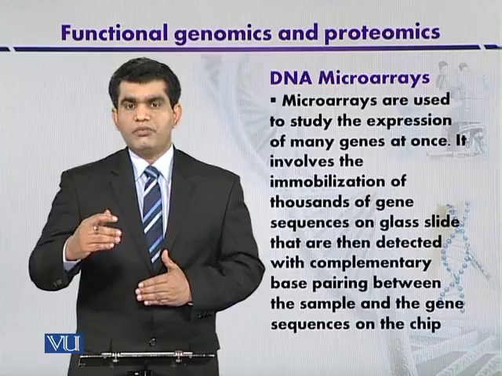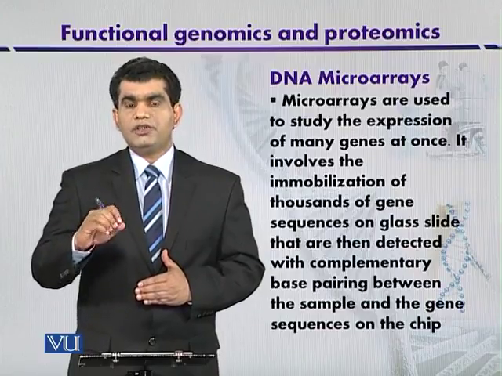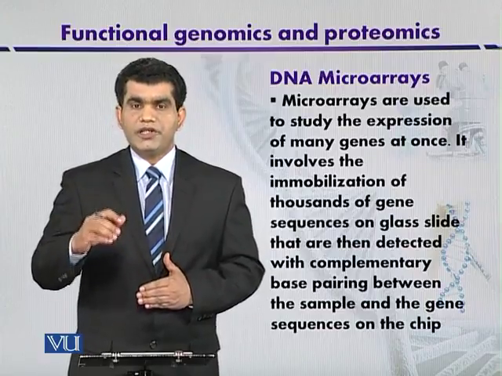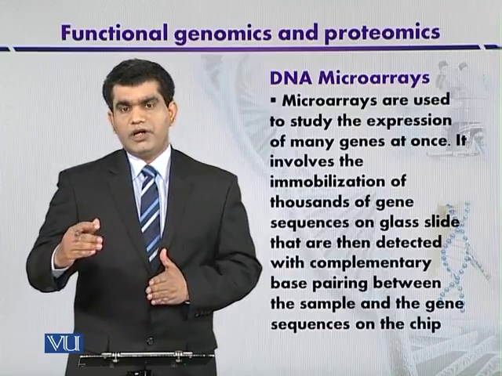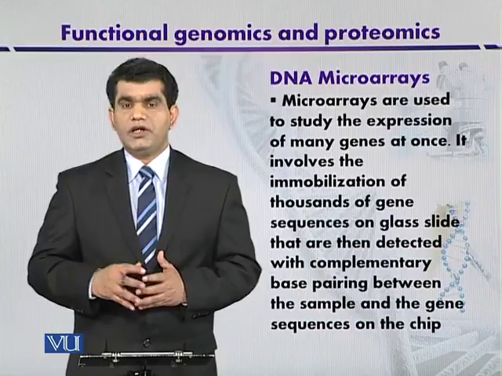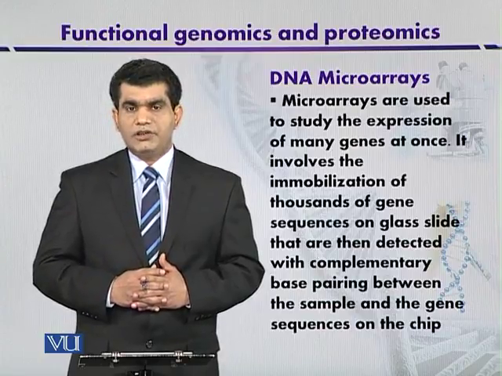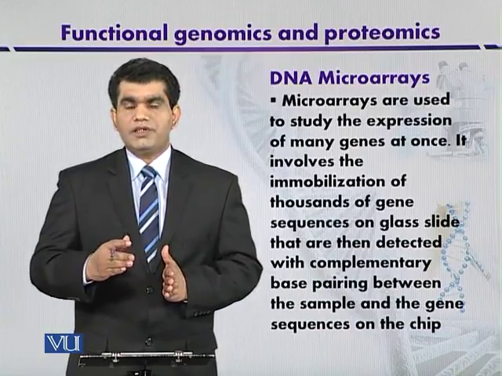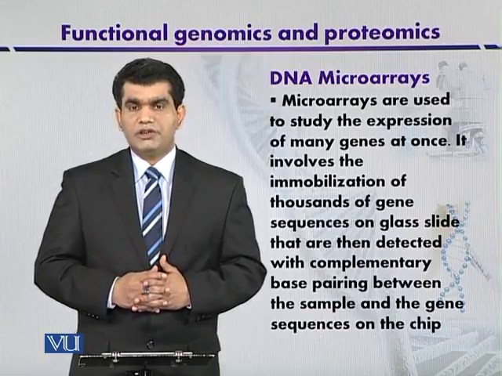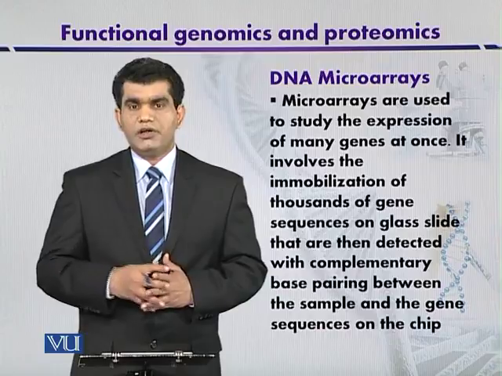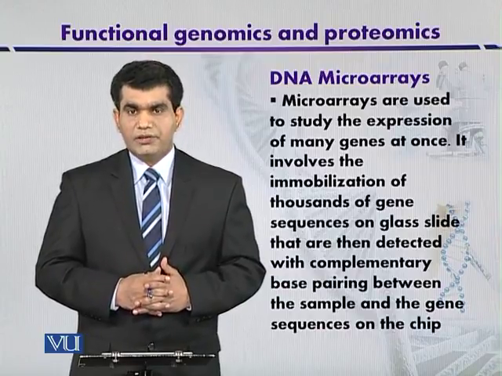And this labeled probe from the sample, or the messenger RNA that has been expressed in the tissue, can be used as a probe for the hybridization with the known gene on the glass slide. So that when hybridization occurs, it will result in the emission of light of a particular color and wavelength.